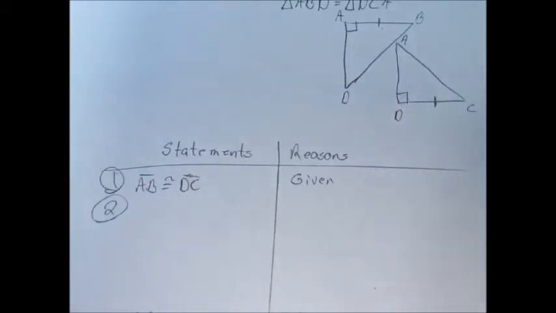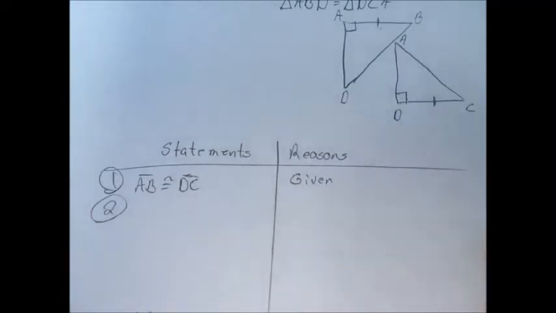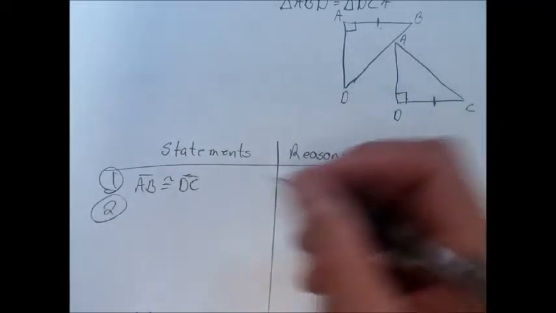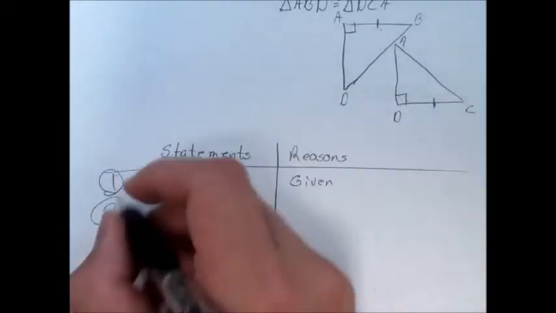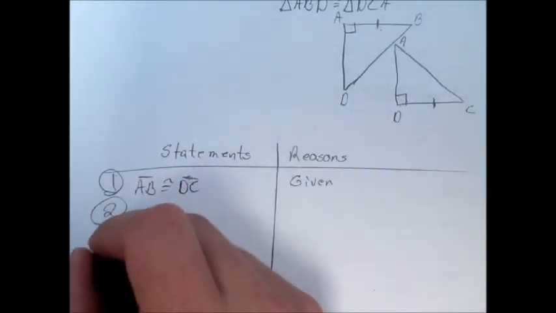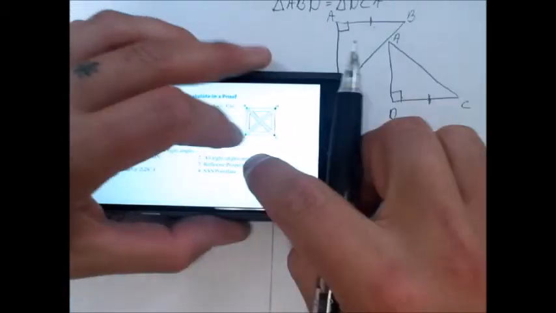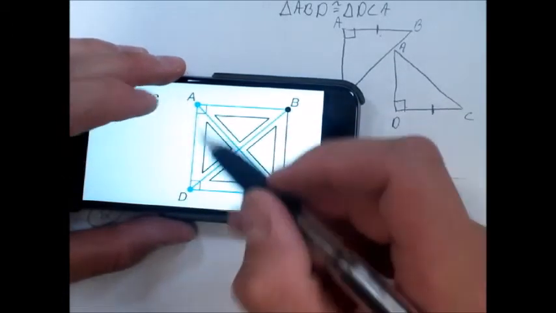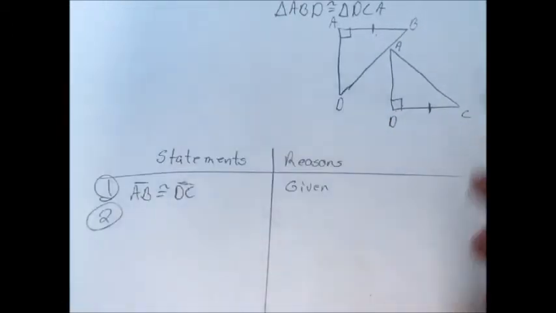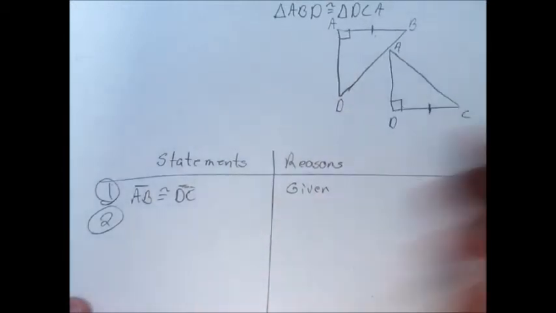Because they're 90 degrees. It's marked right there. So in our picture, it tells us that they will be congruent to each other because it marks it right there. Because of the way the picture is, we're going to name the angles BAD and ADC, instead of just angle A and angle D.